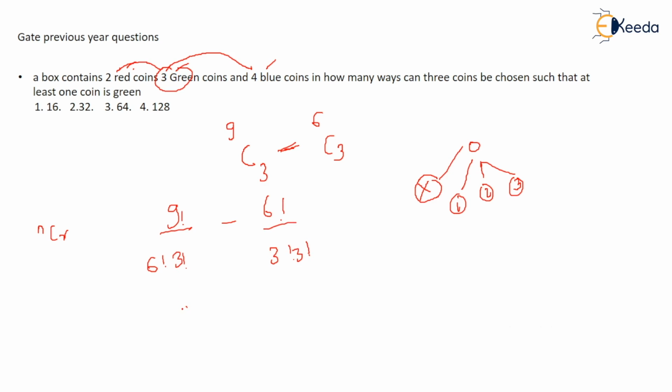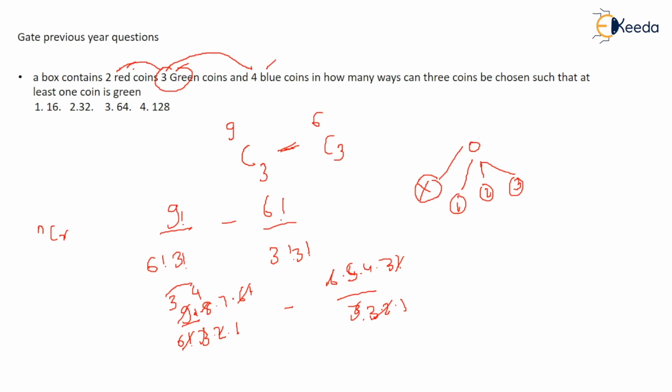So after you solve this, 9 factorial upon 6 factorial into 3 factorial, 9 factorial you can write as 9 into 8 into 7 into 6 factorial. So 6 factorial cuts out, 3 into 2 into 1 remains. Minus 6C3, so what? 6 into 5 into 4 into 3 factorial upon 3 factorial into 3 into 2 into 1, so the 3 factorial cuts.